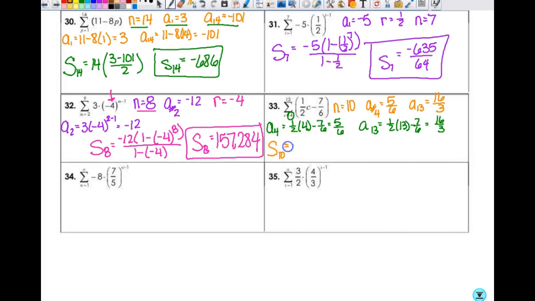That's equal to n, which is 10, times the first term we're using, which is A4, 5/6, plus an, which is A13, 16/3, over 2. So I get the sum of those 10 terms is 185 over 6.